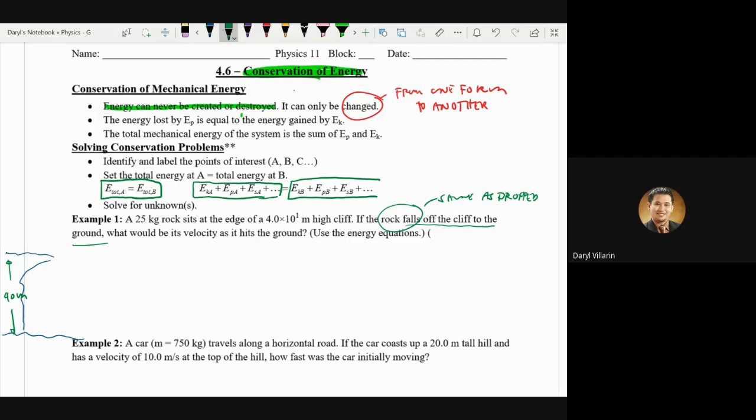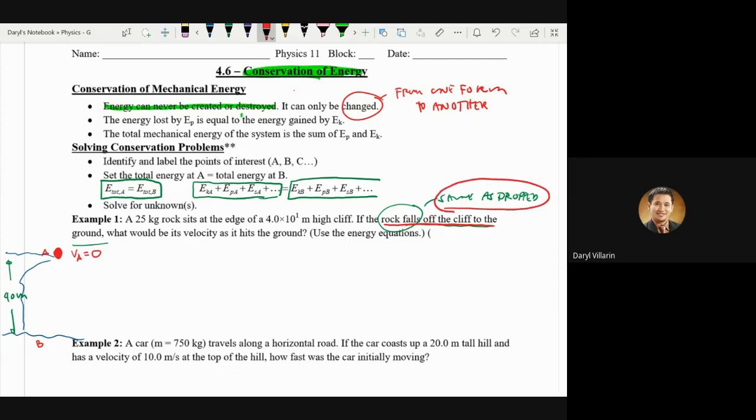So therefore, initially, if this is your rock, I call this my point A, and the bottom would be called point B. So velocity at A is equal to zero. Again, this particular statement is the same thing as the object being dropped.